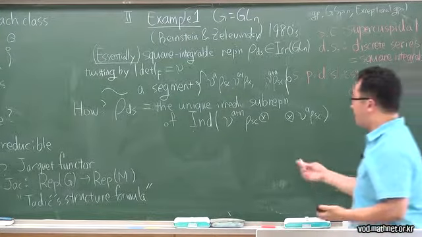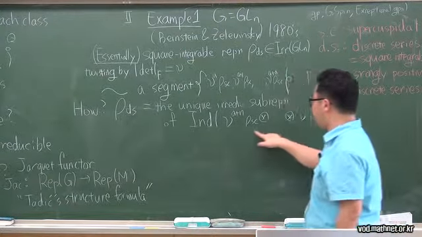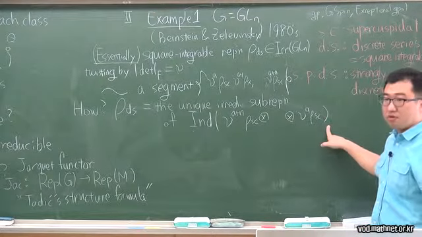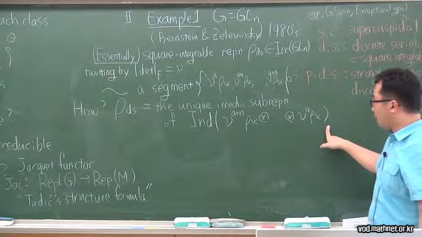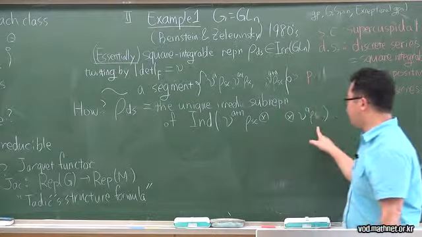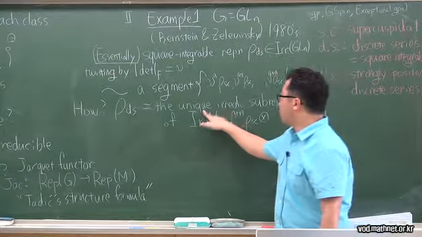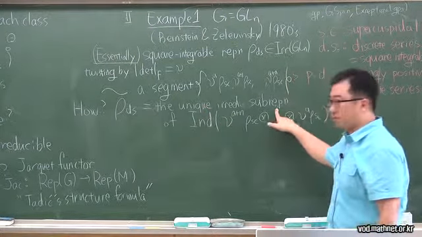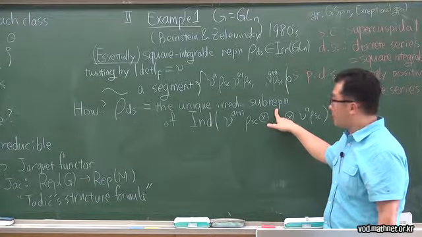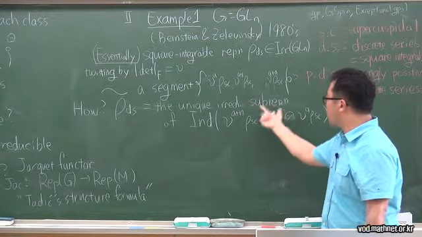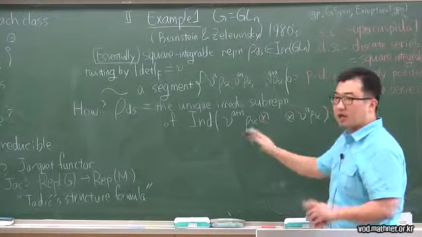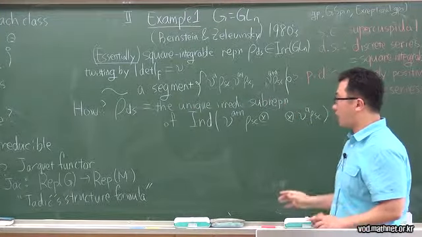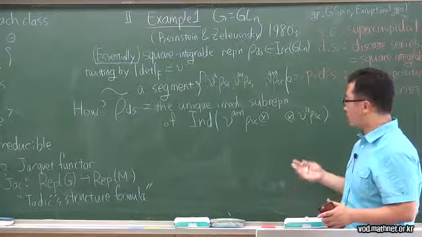As I mentioned, these induced representations might be reducible, but it is known that this induced representation of GLN has a unique irreducible sub-representation. That means among the sub-quotients, there is only one sub-representation; all other sub-quotients are quotients, not sub-representations.